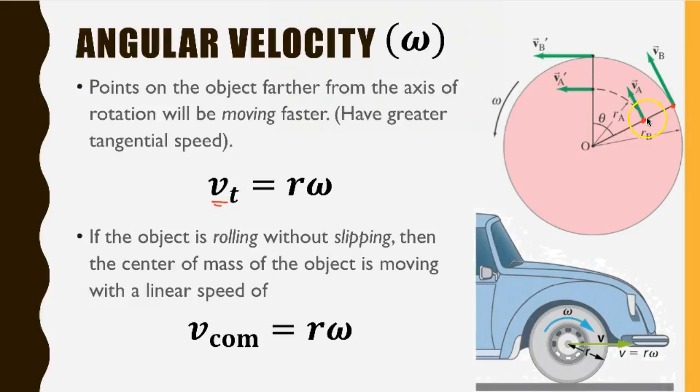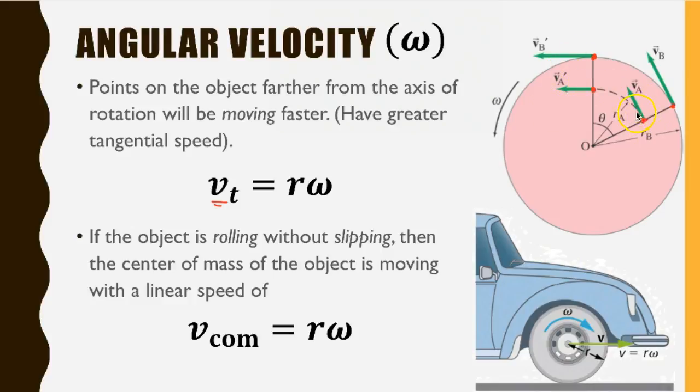Hopefully that makes sense intuitively, but here's why. Ladybug A undergoes a displacement from here to here in the same time it takes for B to go from here to here. That is the same angular displacement for both, so they have the same angular or rotational velocity.